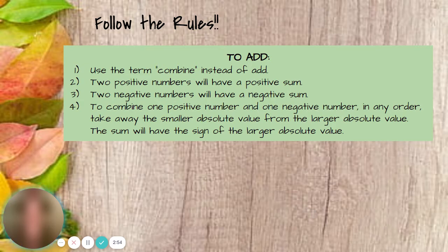So what that means is you're really going to subtract the smaller actual number from the larger actual number, and then whatever number had the biggest absolute value, whatever sign went along with that number is the sign that will take the lead and be in your final answer. We'll get into that. I'll show you examples in a minute.